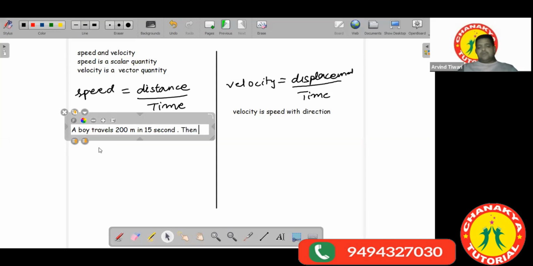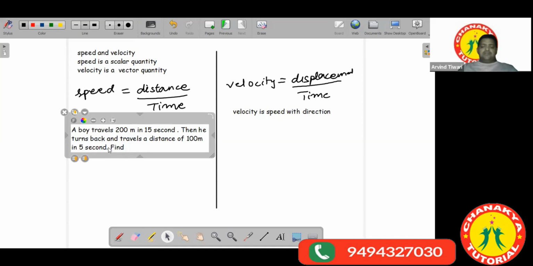Then he turns back and travels a distance of 100 meters in 5 seconds. Find his speed and velocity.